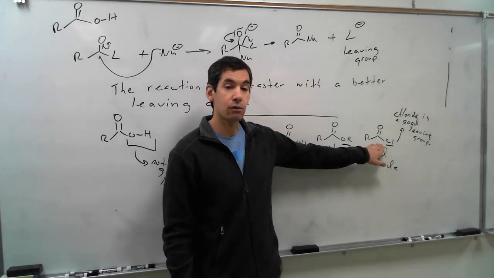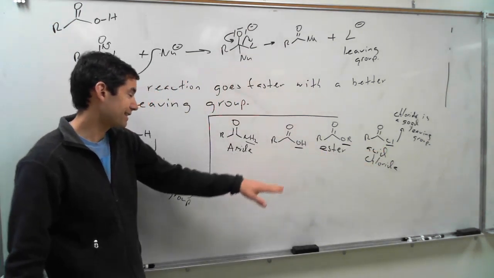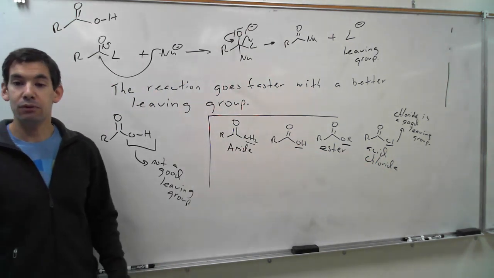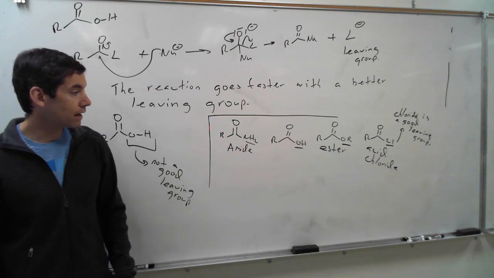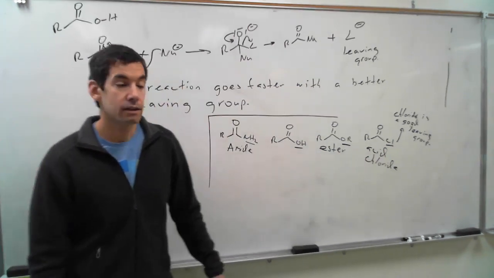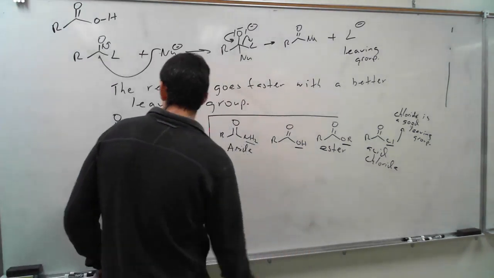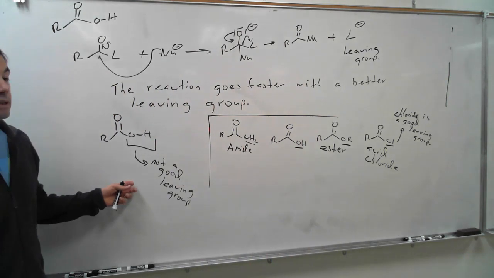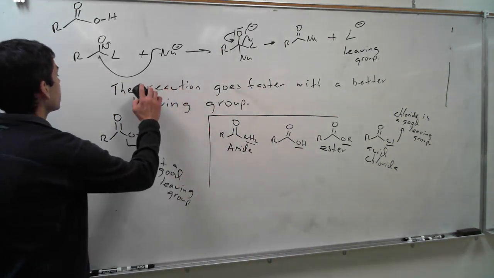We'll start with the acid chloride first, because this is what we can do all types of reactions with, and then we'll work our way through the esters and the carboxylic acid a little bit in the end. As we go through, there will be fewer reactions that we can do. Before we end this video, how can we take a carboxylic acid and convert it into an acid chloride? How do we do that?